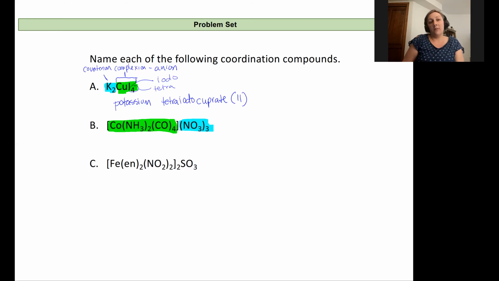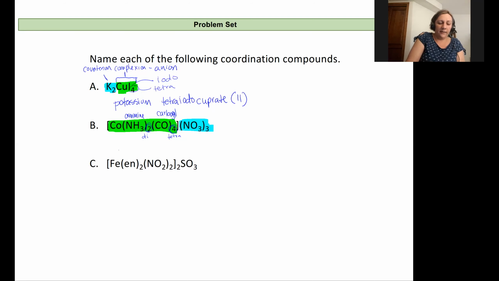So I'll start first with my ligands. I have NH3, which will be an amine, and I have CO, which is carbonyl. And I've got 2 of my amine and 4 of my carbonyl. So those 2 will be di, and that 4 will be tetra.